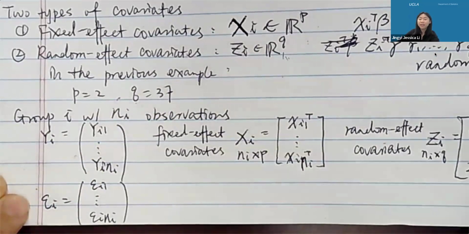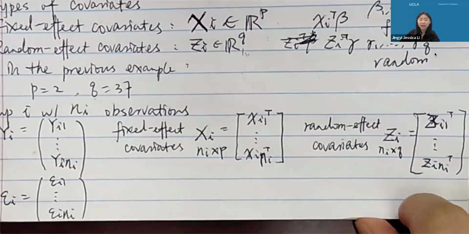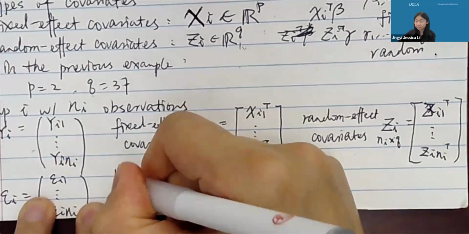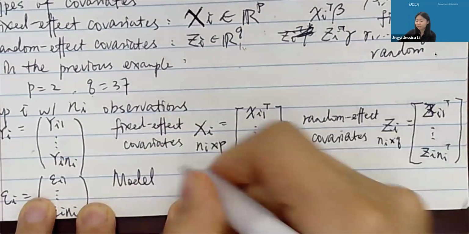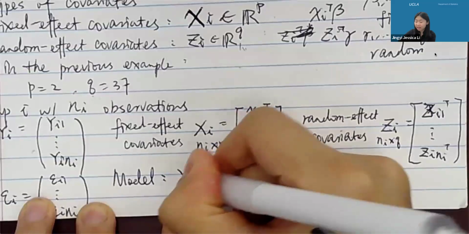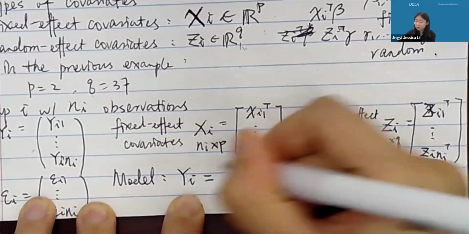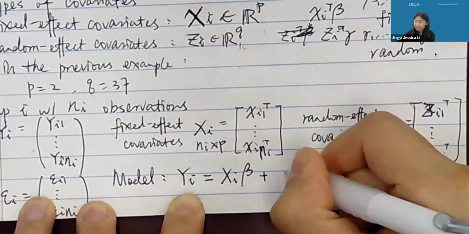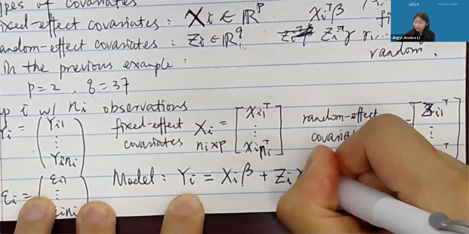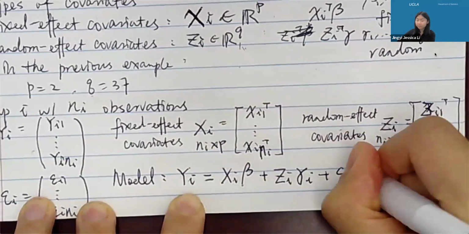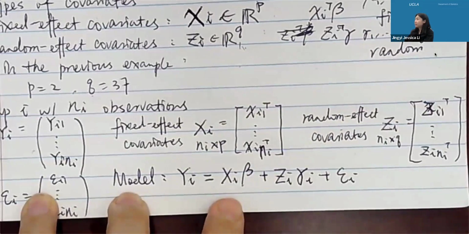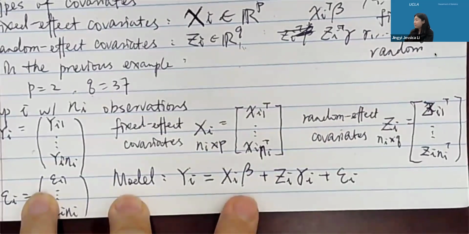Okay, putting it together, I would have the model for group i: yi is equal to xi beta plus zi gamma i plus epsilon i. This is the model. Now we want to understand it. Why do I say x and beta, why isn't beta i specific, because I'm just writing it for group i?